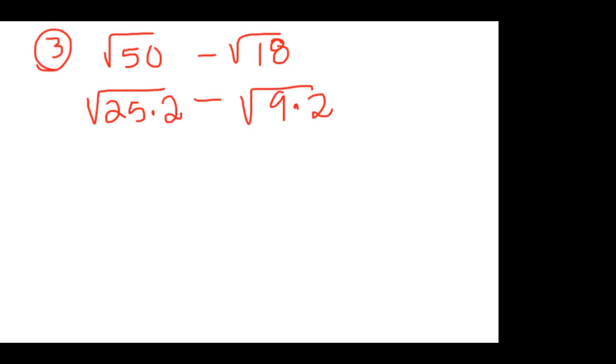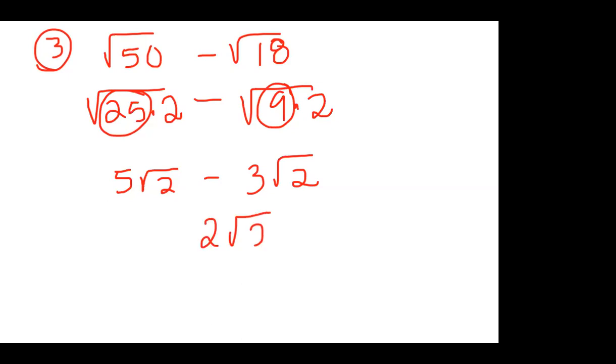So 25 is a perfect square, 9 is a perfect square. So we take the square root of the perfect squares. So for square root of 25, we get 5. Square root of 9, we get 3. And so now you will notice these are alike, so we combine them. So the answer turns out to be 2 radical 2.